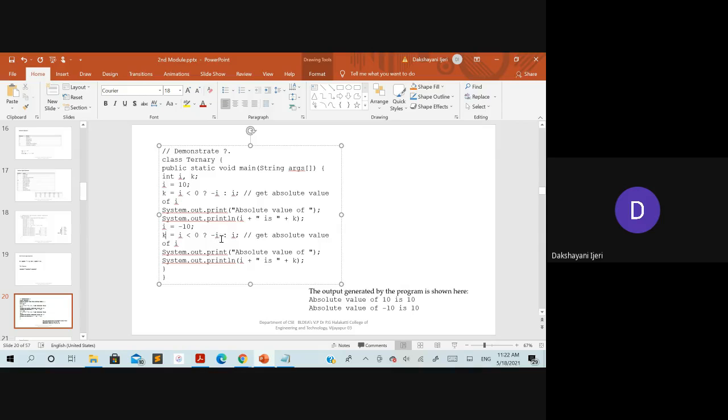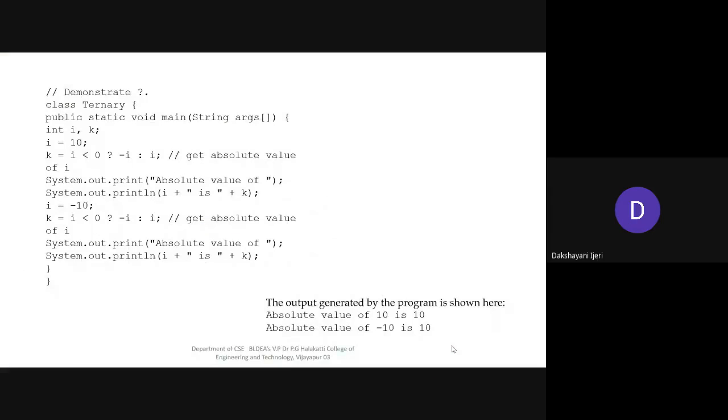Minus of i is minus of minus 10, so 10 will be stored in k. The same thing has been printed once again here. So the absolute value of minus 10 is 10. Got an idea how this question mark operator is going to be evaluated?